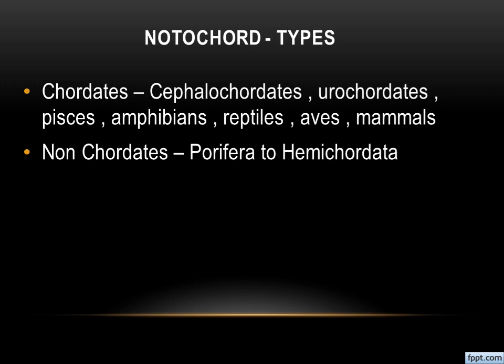For hemichordata, there is no notochord. But cephalochordates and urochordates have a notochord. Understand? So simply, if the organisms possess the notochord, we can say they are chordates. If it is absent, we say they are non-chordates. Fine? Okay.